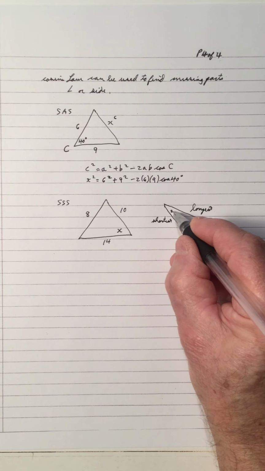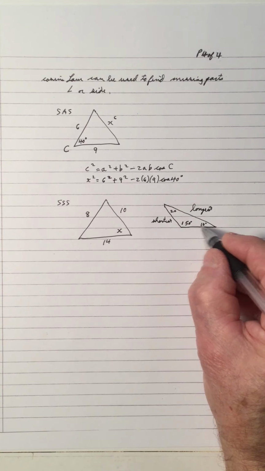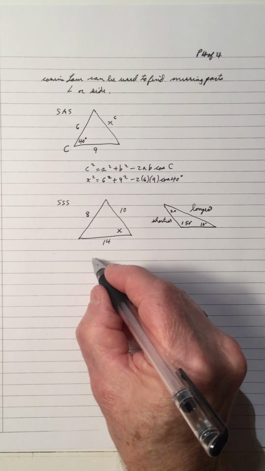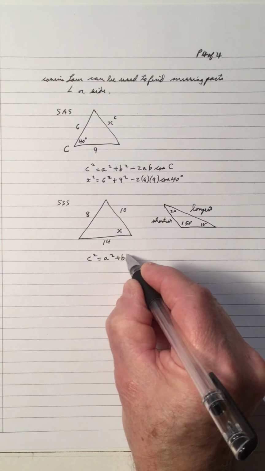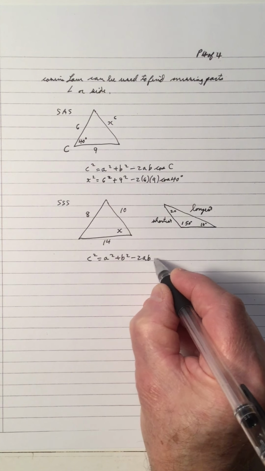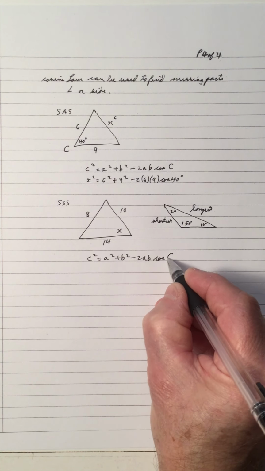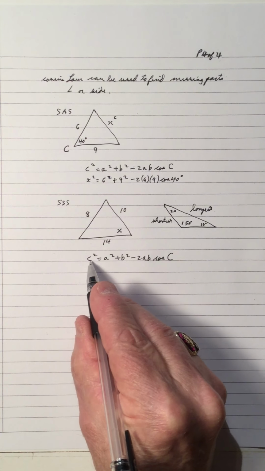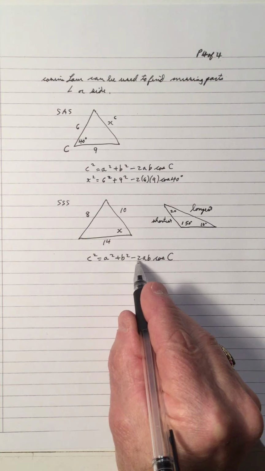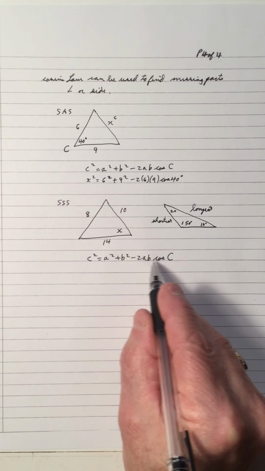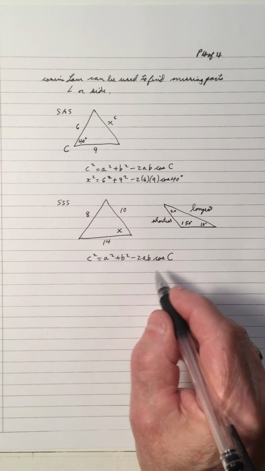And since this angle here is 20, this angle is in between the 2. And besides that, c squared is a squared plus b squared minus 2ab cos C. Just memorize it. Again, look, similar to the Pythagorean.